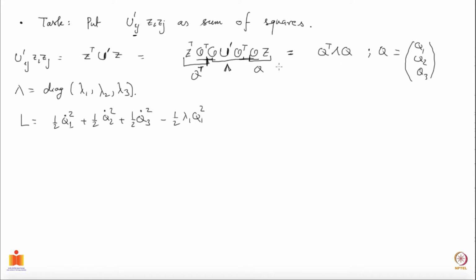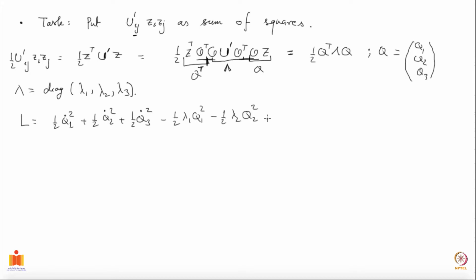There is a half already which I have not written here. If you write it in components, it will be q1 lambda 1 q1 plus q2 lambda 2 q2 and so forth, which is what is giving us these terms, minus half lambda 2 q2 square, and then you have the lambda 3 term, and lambda 3 is 0, so I'm not going to write this.